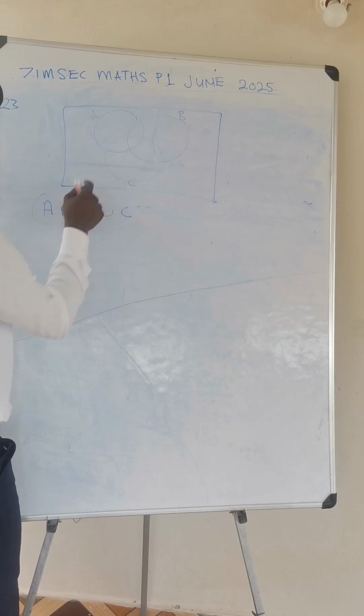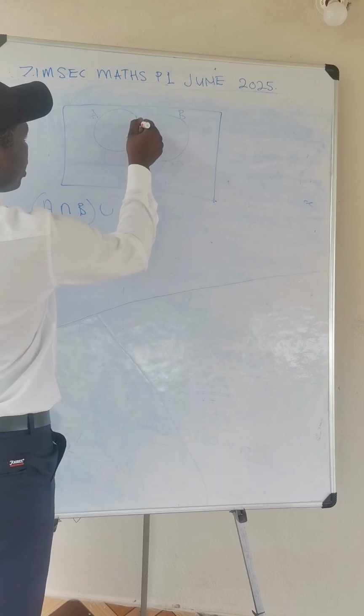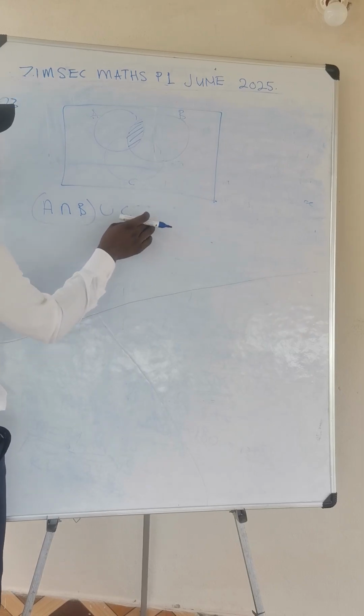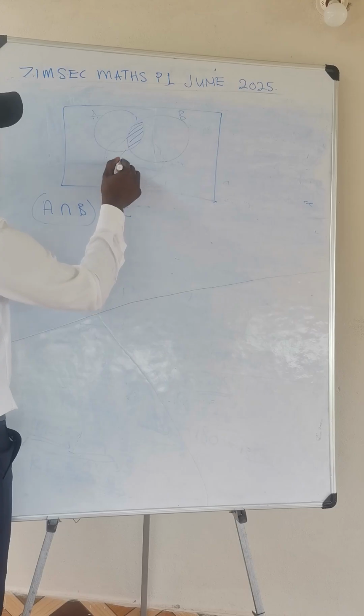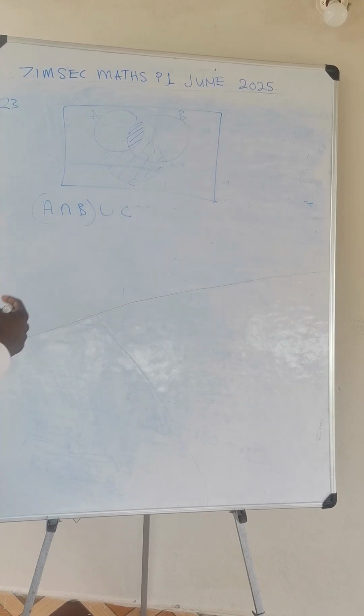This is A, this is B, so we shade this part. And again, all those values which are in C, so we shade this whole part. I think it's very clear. It's a simple question. Let's move to the next part.